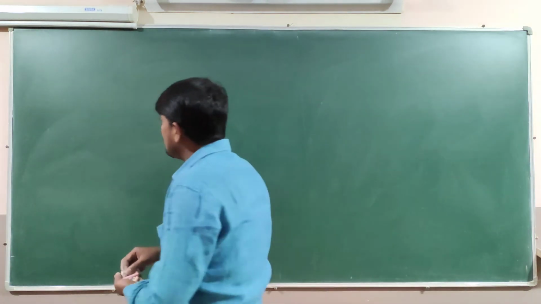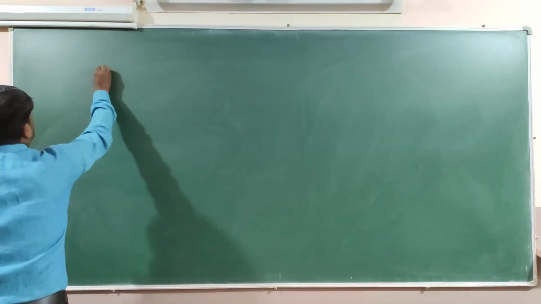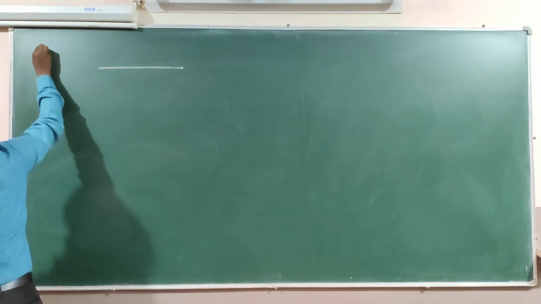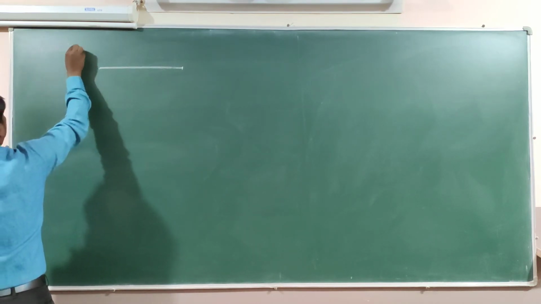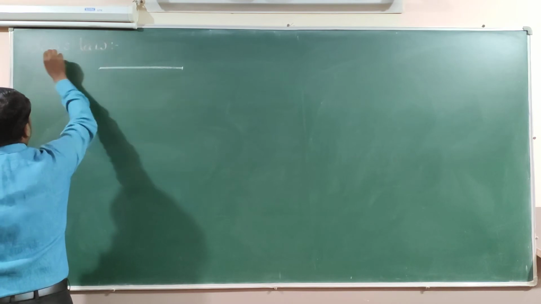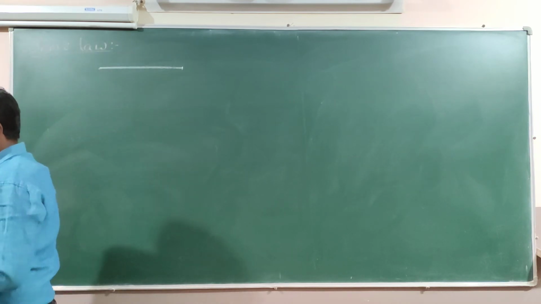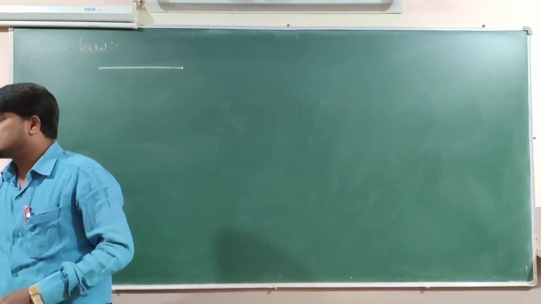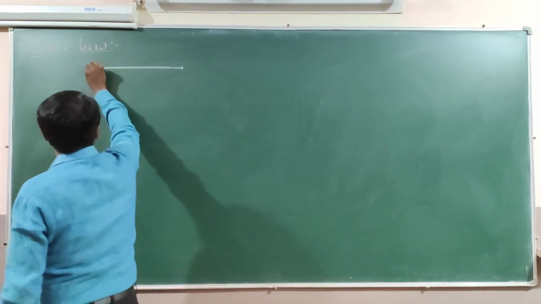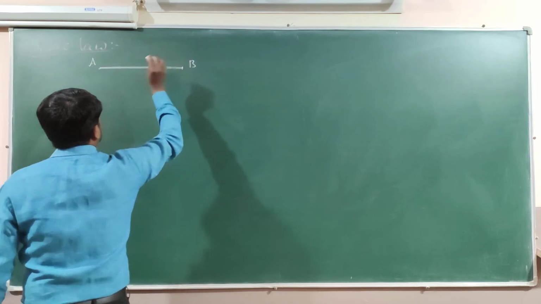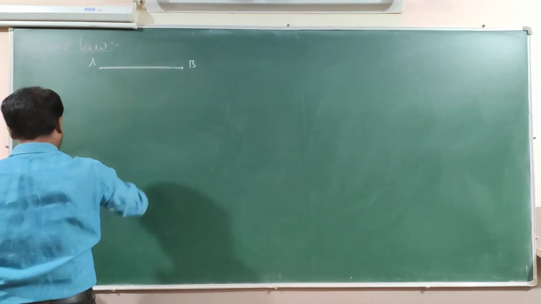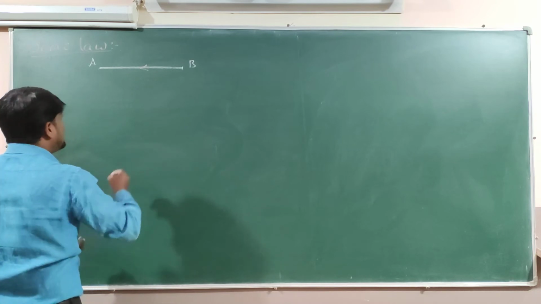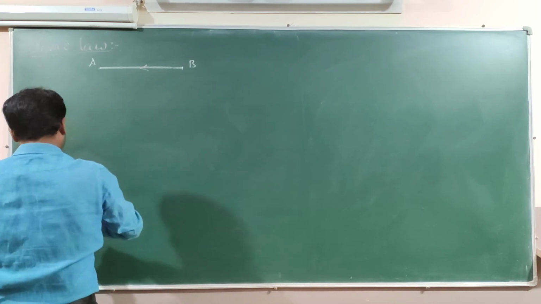Then we have one more thing. Suppose let me take one simple concept. So here representing Ohm's law. Suppose I take a conductor, and in this conductor I take A and B. If the electric charges are flowing from B to A, then this higher potential is at a lower potential.